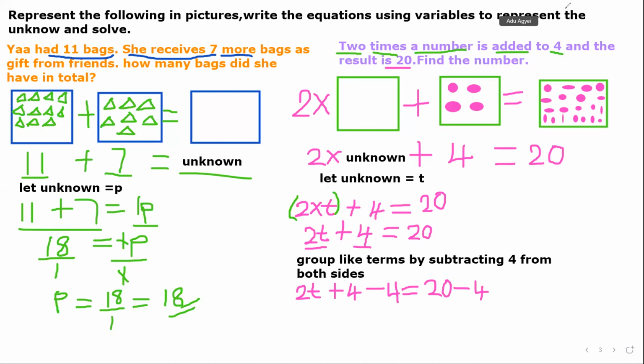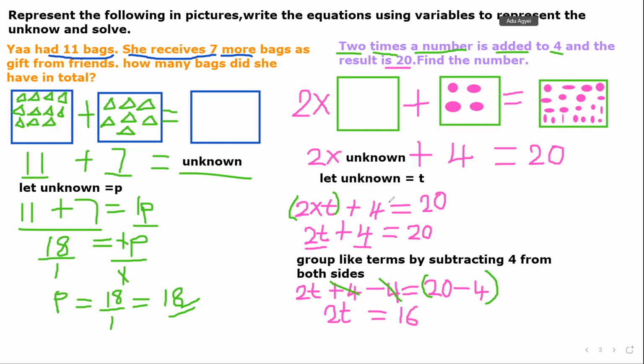This positive 4 will cancel this negative 4. Now 20 minus 4, they are all numbers, so you can subtract. We have 2T remaining here, equal to 16. Here is 0, so don't waste time writing 0.